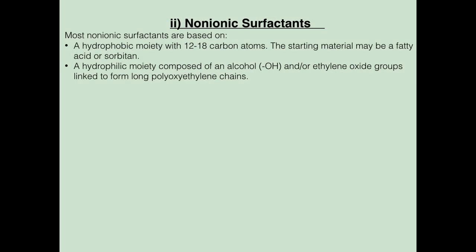Next is non-ionic surfactants. They are more useful as emulsifiers in pharmacy because they are less toxic and less irritant than ionic surfactants, and this is the reason that a limited number of non-ionic surfactants are used in parenteral and oral products.